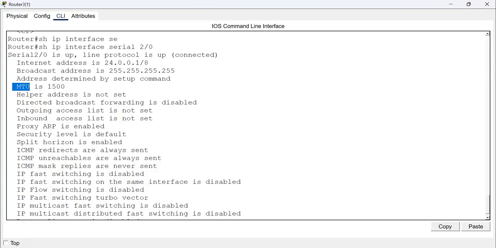What's the size of your frame? 1500 bytes. That is called MTU also. Clear? Maximum transmission unit is 1500 bytes.